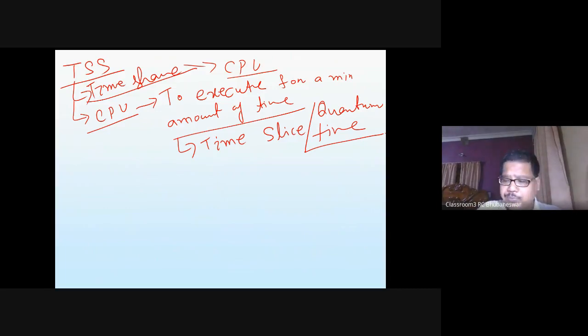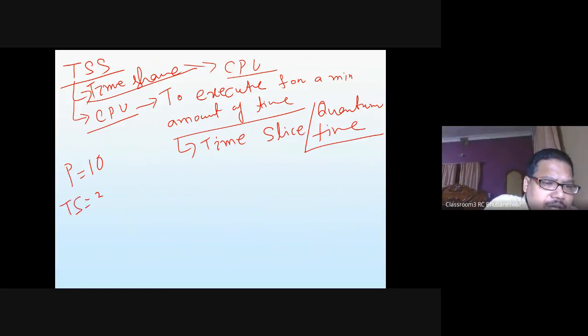I can give you an example here. Let's say a process has 10 units of time to execute, and I have a time slice of 3 units. Now you tell me how many time slices I will take.